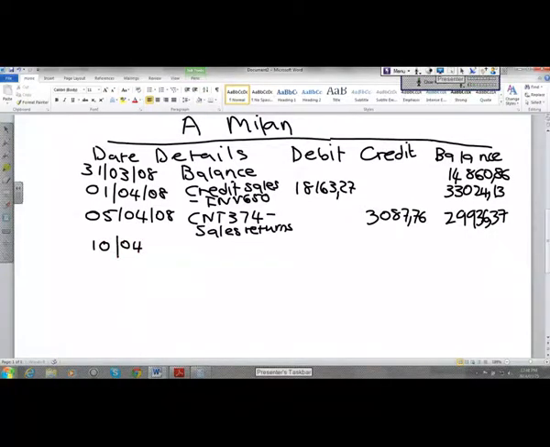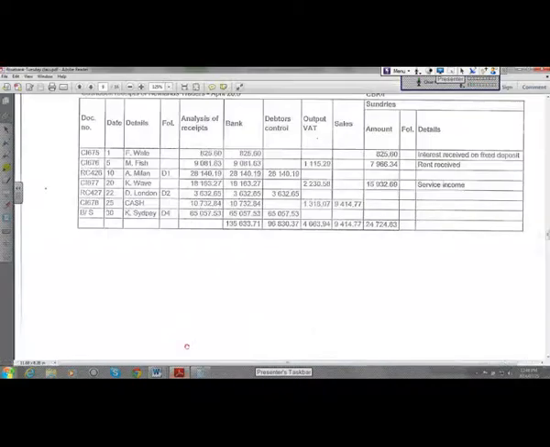Okay, so he's actually paying. So when he's paying, we usually use bank because he's paying cash. So let's just see how much. So receipt, okay, receipt number is RC426. So let's put it.